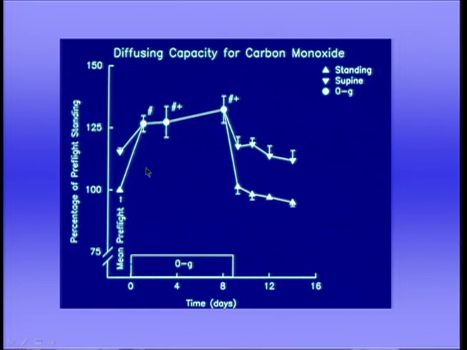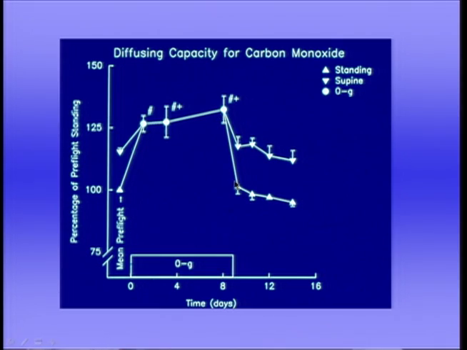And when the crew member went into microgravity, there was an immediate rise in diffusing capacity, and that was maintained during the flight. And incidentally, we were able, in this particular subject, to measure the diffusing capacity, both breathing air and with a high concentration of oxygen in the lungs, and that allowed us to separate out the diffusing capacity of the membrane and the volume of blood in the pulmonary capillaries, and both of them increased.